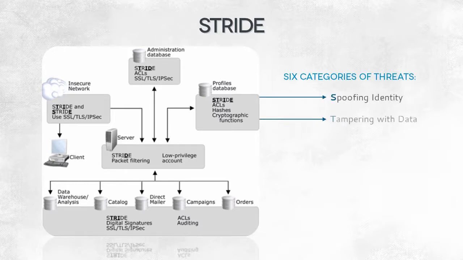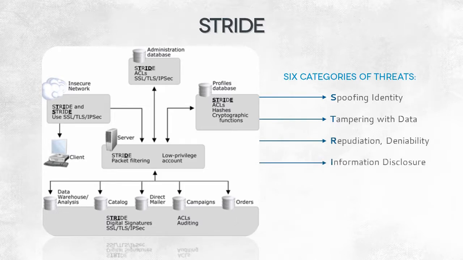The attacker can spoof someone's identity, they can tamper with data, or deny that he or she performed an action, which is called repudiation. We will discuss each of these in detail later in the seminar. Another threat concerns the disclosure of confidential information obtained by an unauthorized person.